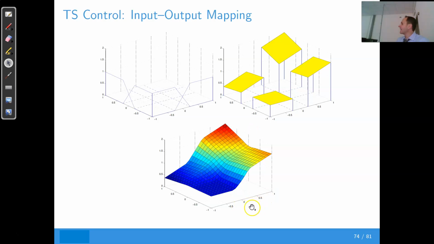So in one axis, you have, for example, the error. In the second axis, you have the derivative of the error, and the output is this fuzzy combination of this. This represents the single controllers.